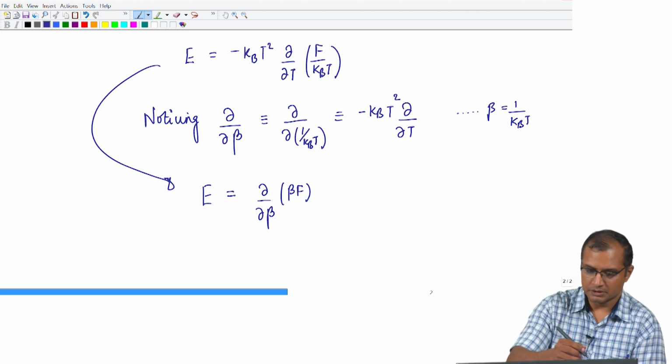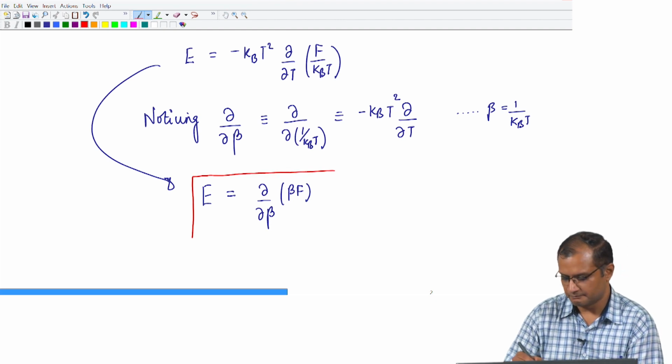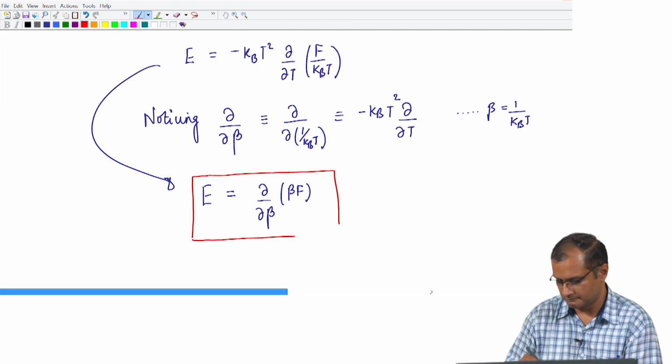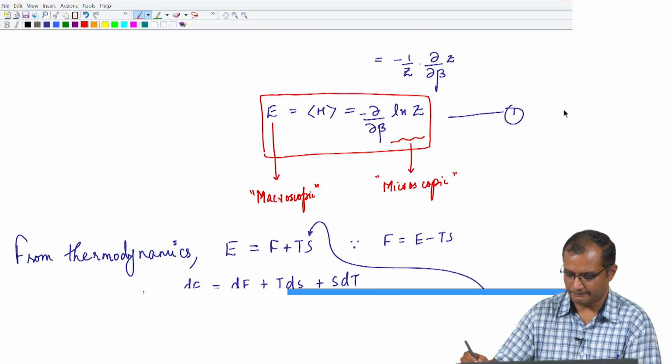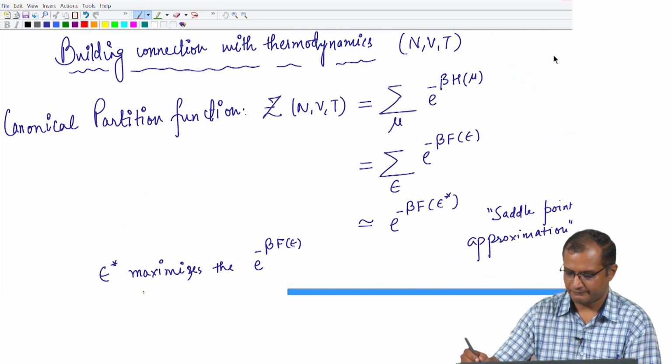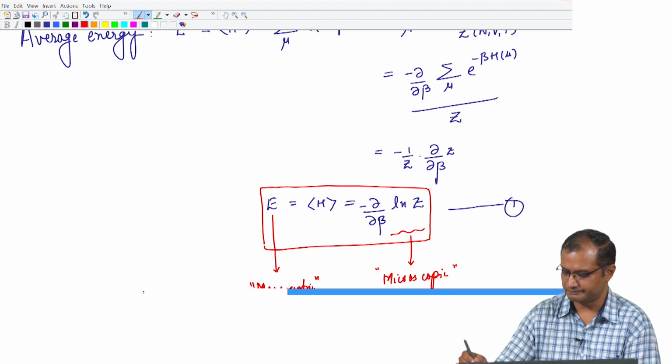Now, you can compare this with what I have written here, equation 1.